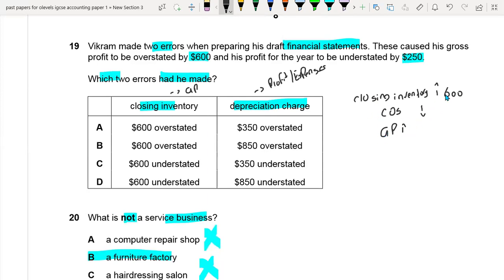So if your closing inventory is overstated by 600, it will cause GP to be overstated by 600.